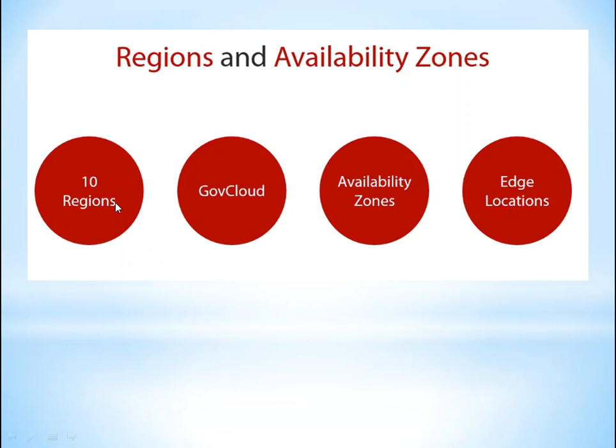And edge locations are the locations that provide specific services to the other availability zones. So what are the services they provide? The major service is load balancers. It's a specific service provided from a specific edge location.